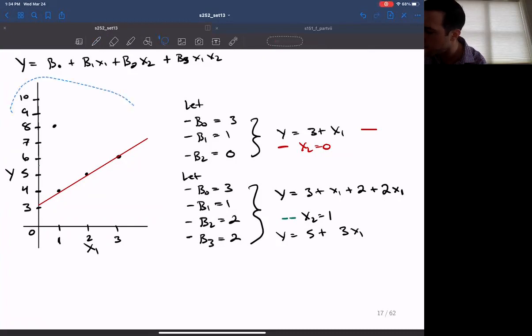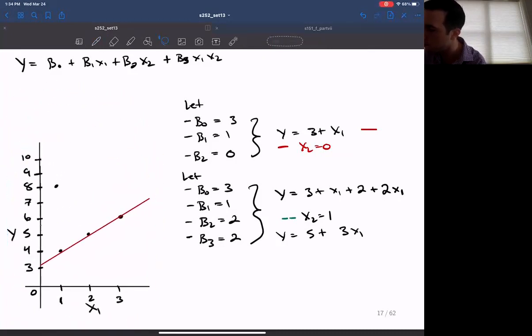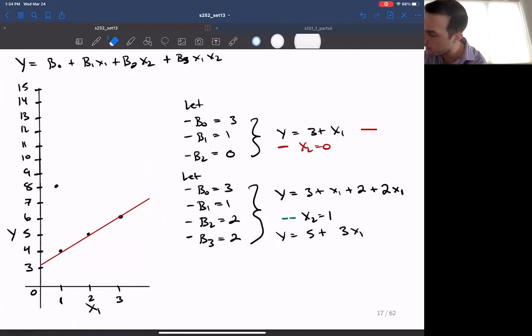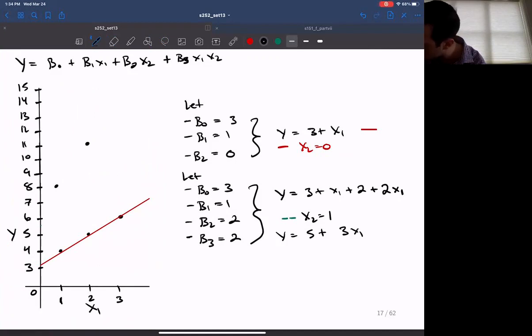Okay, sorry, I need to keep adjusting my scale to suit the problem. Right? So when x1 is equal to 2, we now have 11 here. When x1 is equal to 3, we have 14.